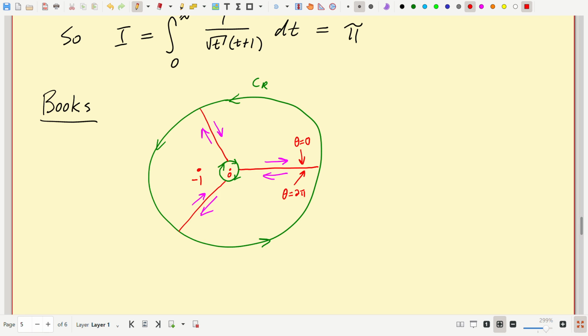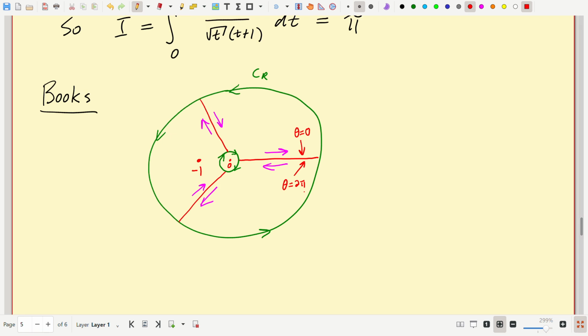Okay, so here I'm going to do something. I'm going to cross out these branch cuts in a second. I'm going to add up the counterclockwise integrals along the simple closed curves.